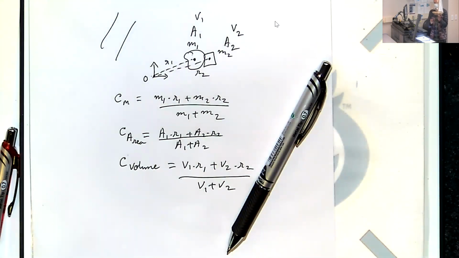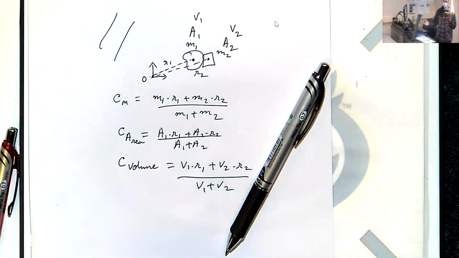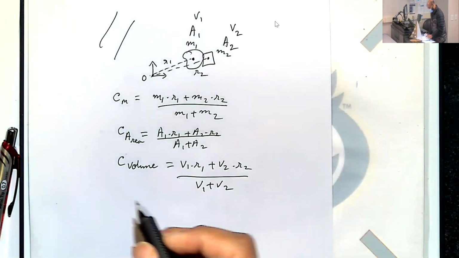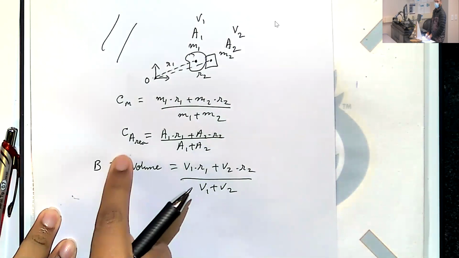I can cut this up into many potatoes or many boxes and add them all up, similar to what I did here. That's basically numerical integration. That way we would find our B. So this would be exactly equal to B. Okay, that's the center of buoyancy.